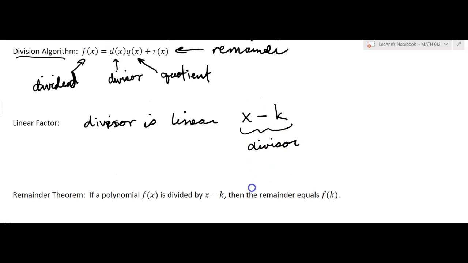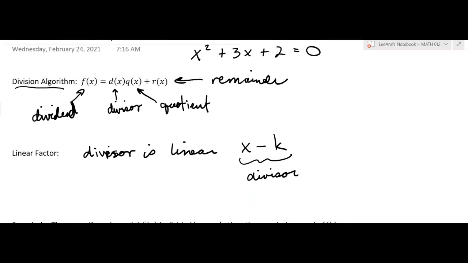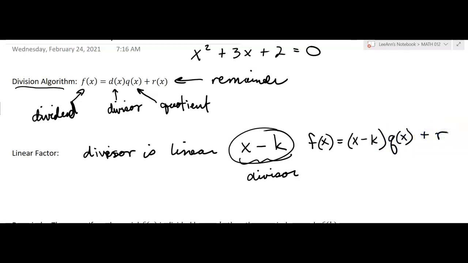So we get f of x equals x minus k times q of x, whatever the quotient is, plus some remainder. Now, notice that I'm writing the remainder as r. That's because this is going to be a constant.